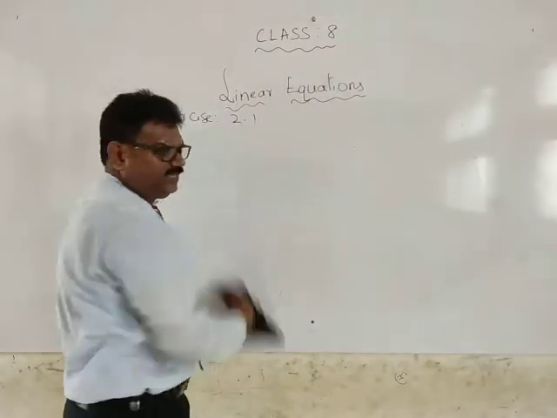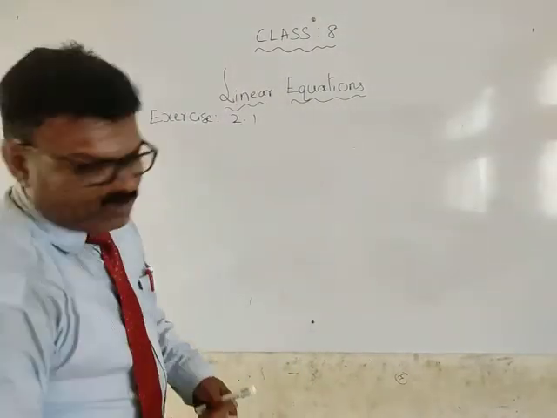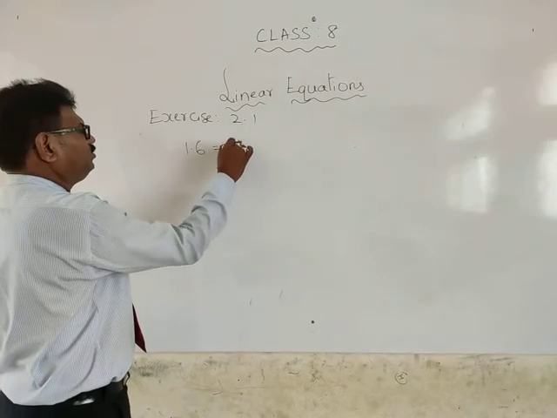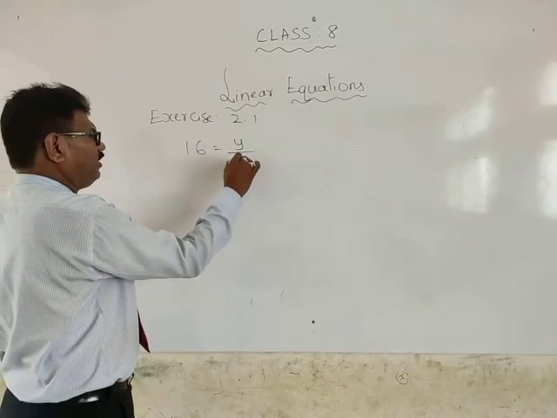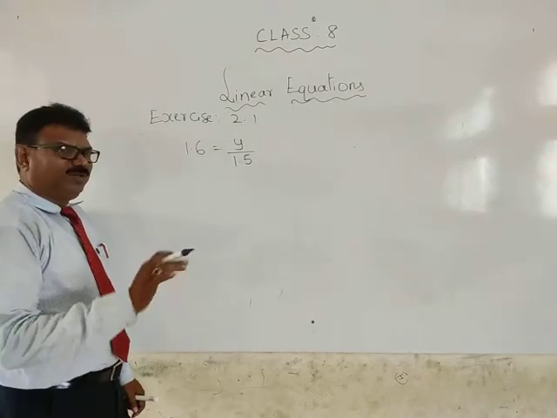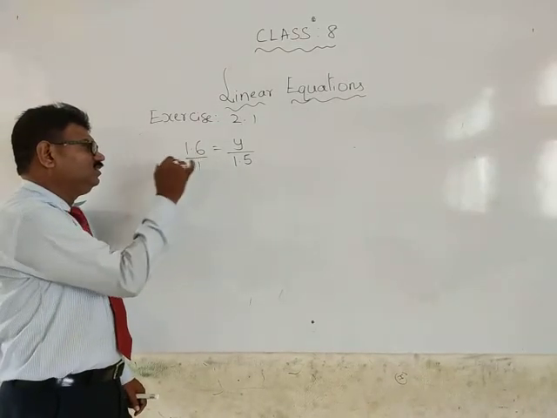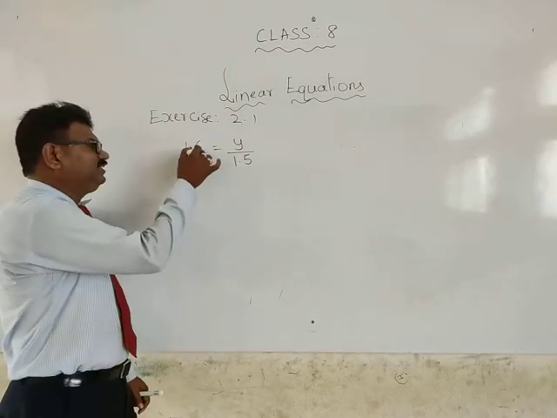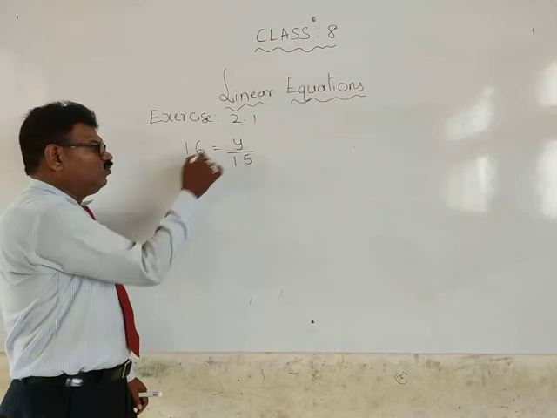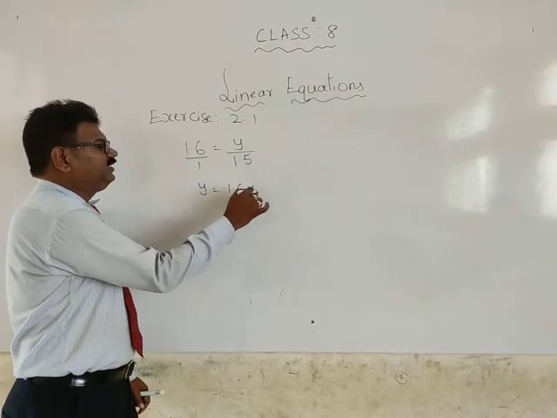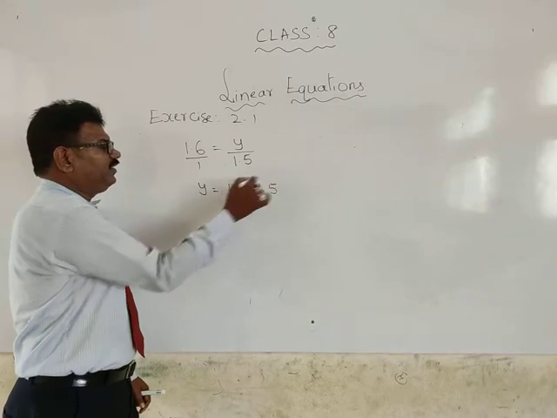Yes, very simple. 1.6 is equal to y divided by 1.5. Don't be confused. You can write 1 also, no problem. If you are not writing it also, no problem. Just cross multiplication. y into 1 is y is equal to 1.6 into 1.5.